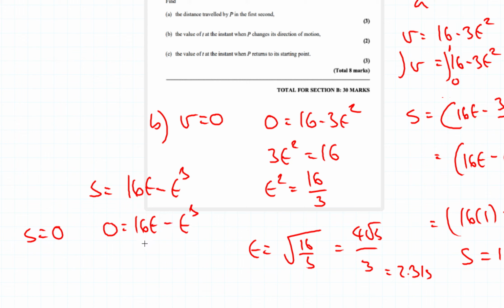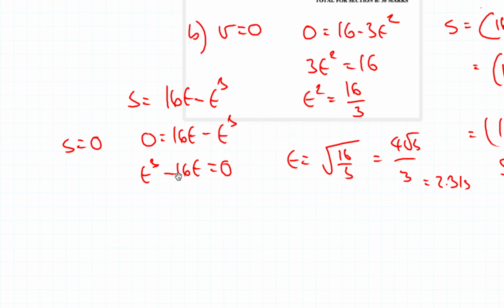From here, one thing to do is to rearrange this equation, so we get t cubed minus 16t equals 0, so that the biggest power is positive, and then take out a factor of t.